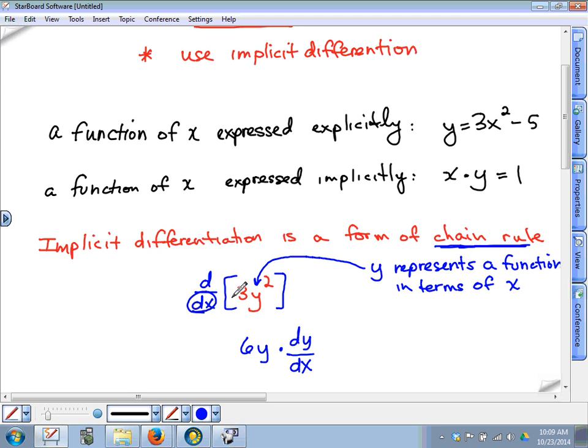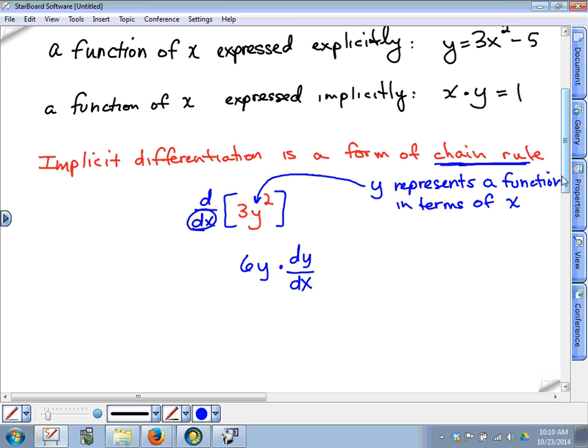And what's the derivative of y with respect to x? dy over dx. That's the derivative of y with respect to x. Okay? So implicit differentiation, all it really is, is the chain rule. You have an outer function, then you have an inner function, y, so you have to take the derivative of y with respect to x. Okay? So this one here then.